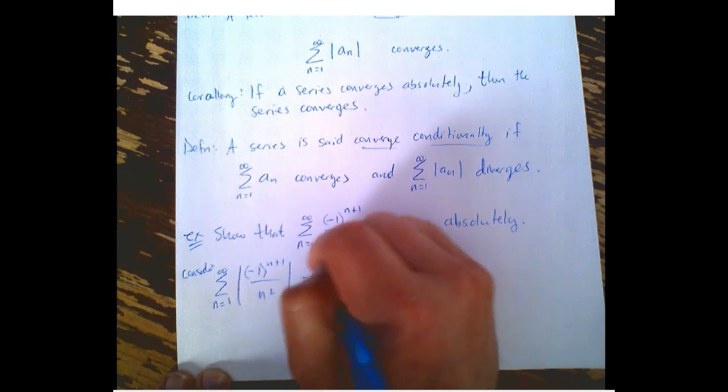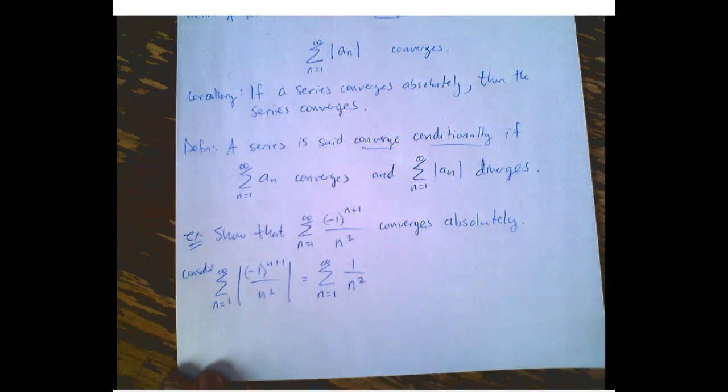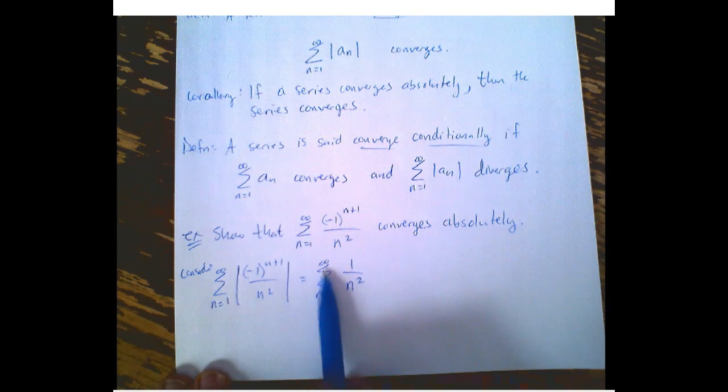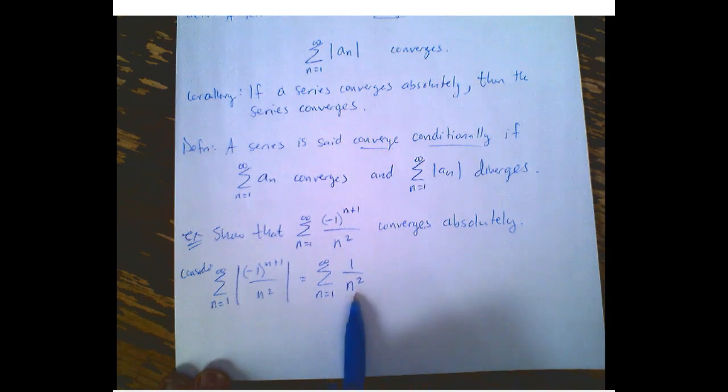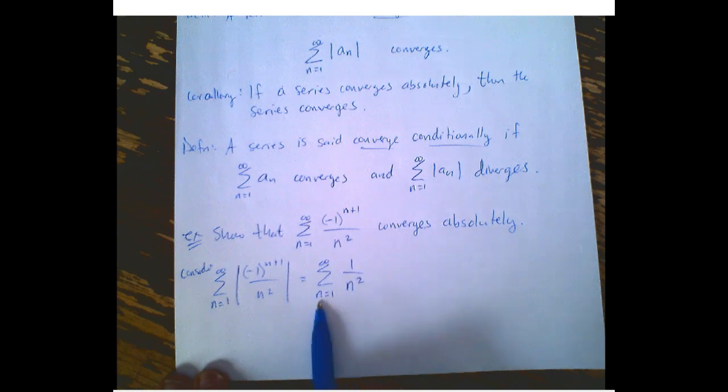So this is equivalent to this series here, 1 over n squared. The -1 just becomes positive with the absolute value. Does this series converge? If it does, then the original series converges absolutely.